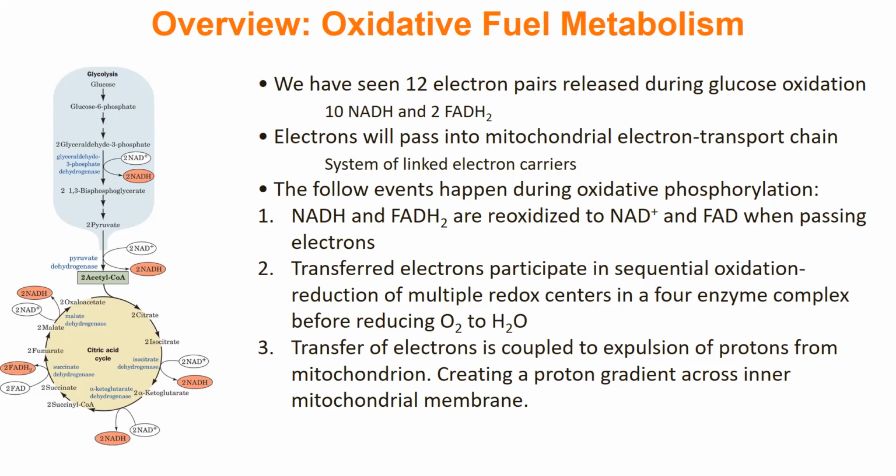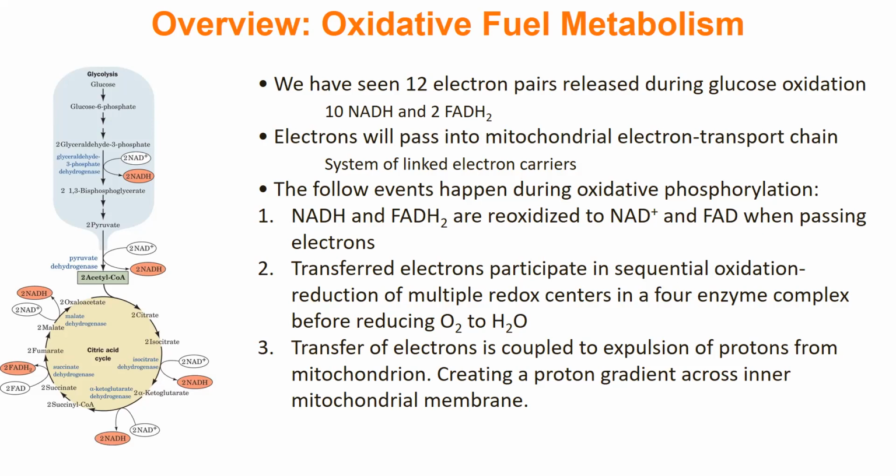Basically what we're going to look at next is NADH and FADH2 giving off their electrons to be remade into NAD plus and FAD. These electrons are just passed from one redox center to another in a very ordered manner.